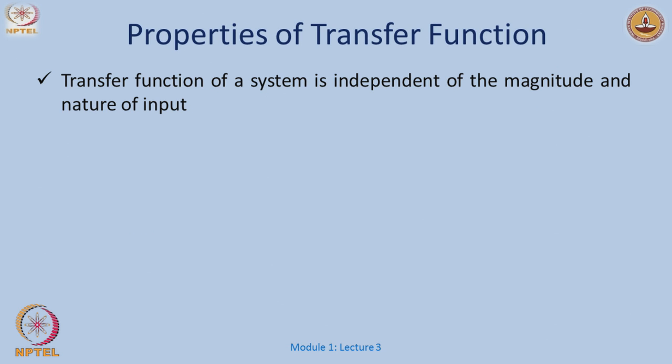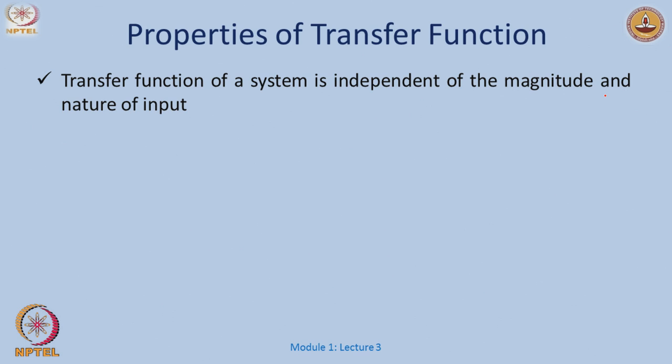Okay. So, given this transfer function, what are its properties? Well, the first says that the transfer function of a system is independent of the magnitude and the nature of the input, which means it is essentially a system level property, right. It is just based on what the system at hand is, not what the input signal is.